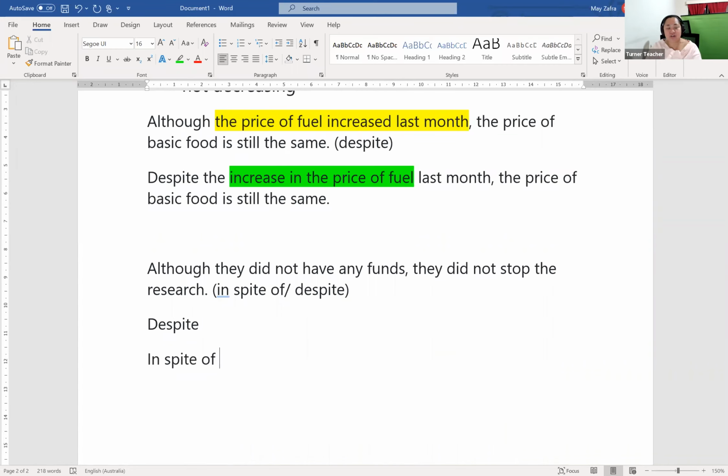How are you going to rewrite this sentence using despite? You can use synonymous words, for example, not having any funds. So you can use other synonyms there. Let's give it a try.